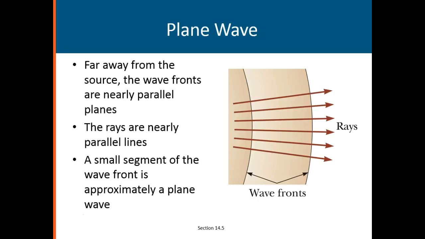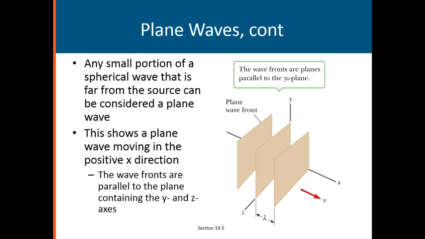So let's look at plane waves. Any small portion of a spherical wave that is far from the source can be considered a plane wave. The wavefronts are planes parallel to the YZ plane. If you're going out the x-axis, and here's your y and z this way, then these wavefronts are planes parallel to that YZ plane.